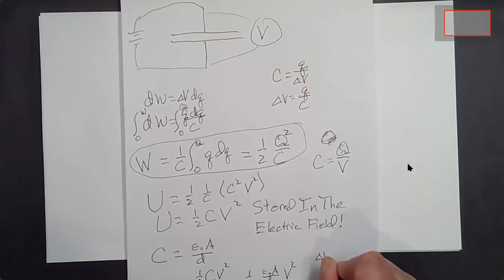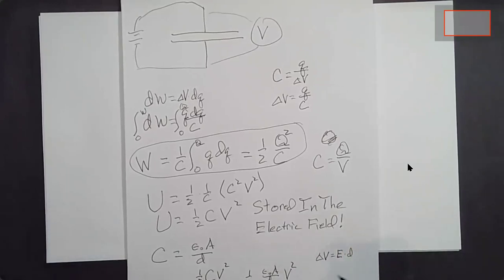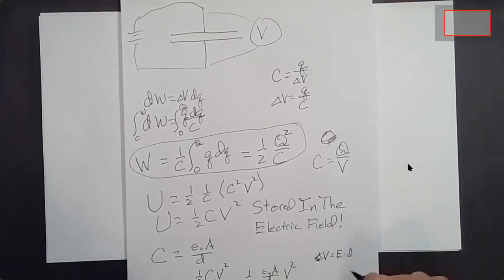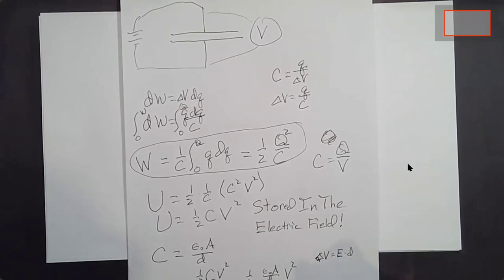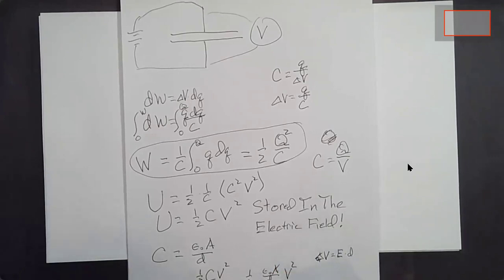The delta V is actually equal to E times d, or just the potential difference across that. So I can make all kinds of substitutions here. For one thing, the areas divide out. That's kind of nice.